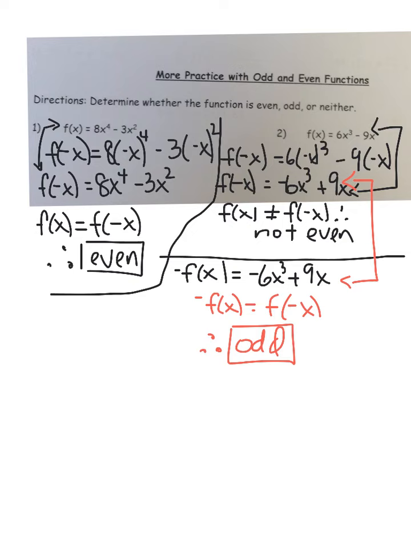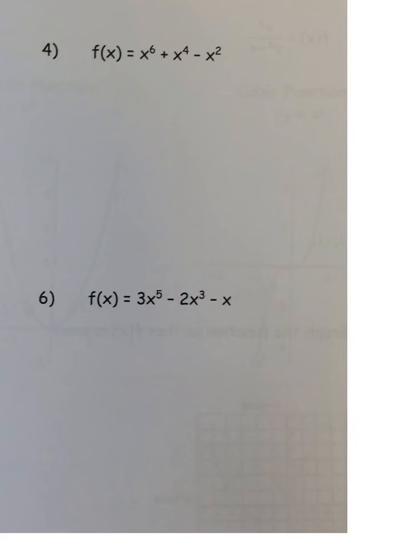Alrighty? Okay, so then what I would like you to do is turn the page, and we're going to go to page 33. All right, and I would like for you to practice again doing number 4 and number 6. So if you would pause me for a moment and just work on 4, 6, and actually let's have you do 8 and 10 as well.